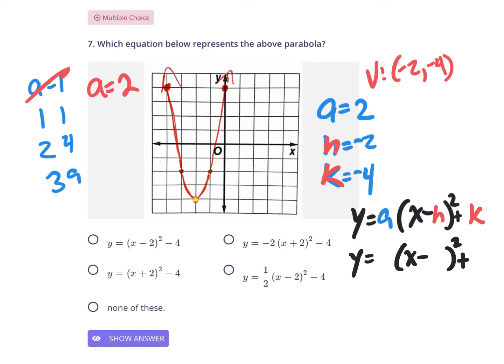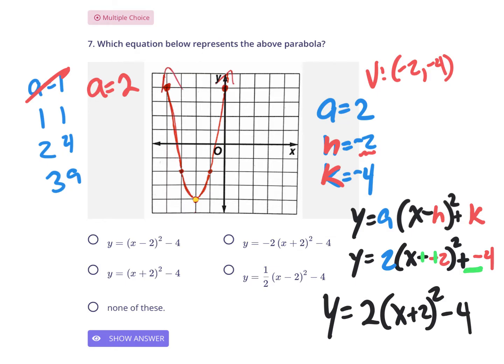And then you plug in your values. The h value is -2, the k value is -4, and the a value is 2, okay? The minus minus changes to plus plus, clean it up. You could just write a minus sign. So here's our final equation, y equals 2 parentheses x plus 2 squared minus 4, okay?